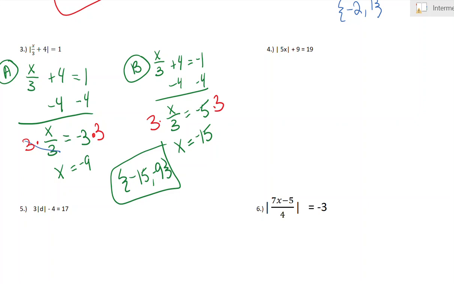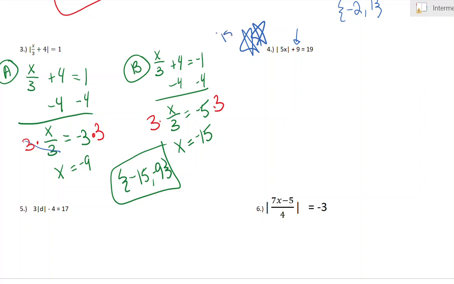Number 4, it's a little bit different, and I want you to notice why. Do you see how the 9 is on the outside of the parentheses? In examples 2 and 3, everything was between the absolute value bars. This is something we really want to note, so star this or highlight this.